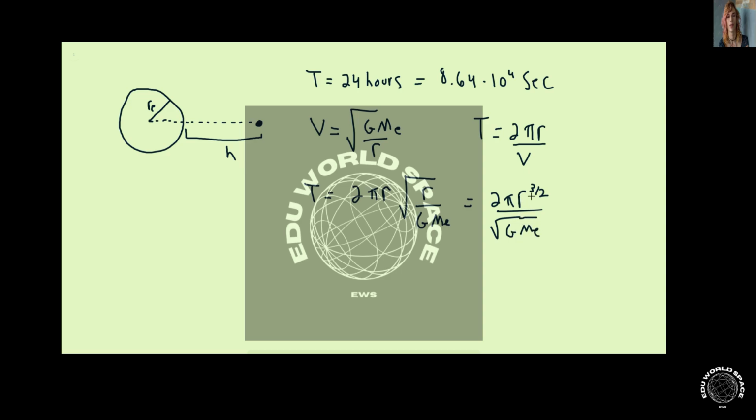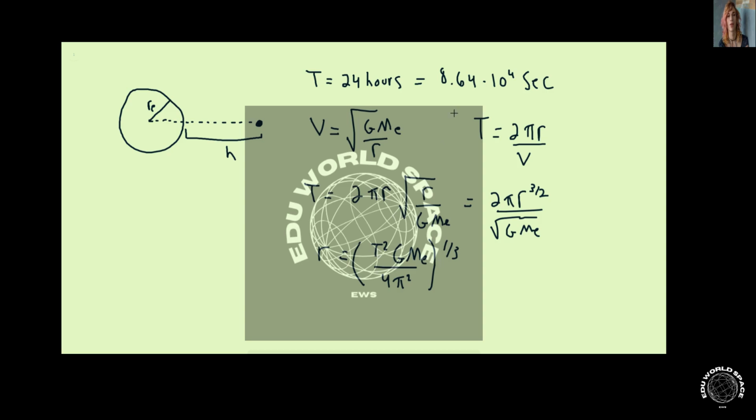Now we can just solve for r, since we'll know all the other terms. If we square each side, then take the cube root and move all these terms around, we should get that r will be T squared G M_E over 4 pi squared, and then that whole thing is to the 1/3.